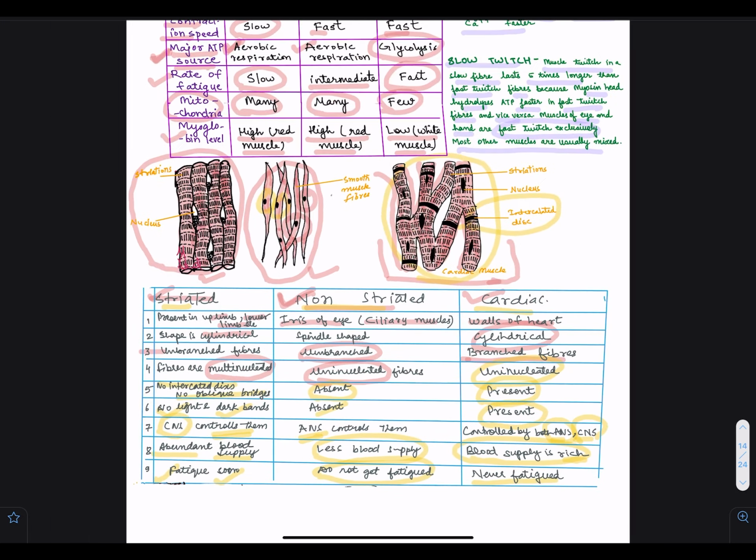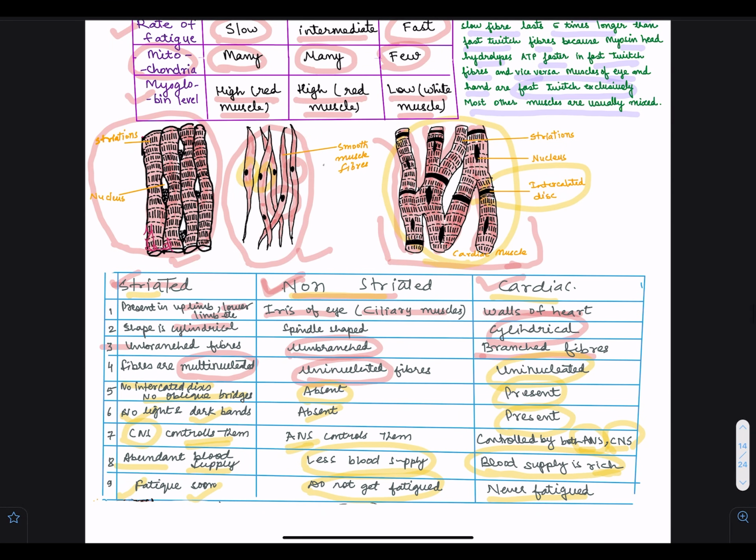These smooth muscle fibers, we give more examples of the non-striated muscle fibers. They are present in our viscera. What is viscera? The internal organs of our body, like the fallopian tubes, the intestines, etc. All the internal organs are lined by some muscles which are smooth in nature.